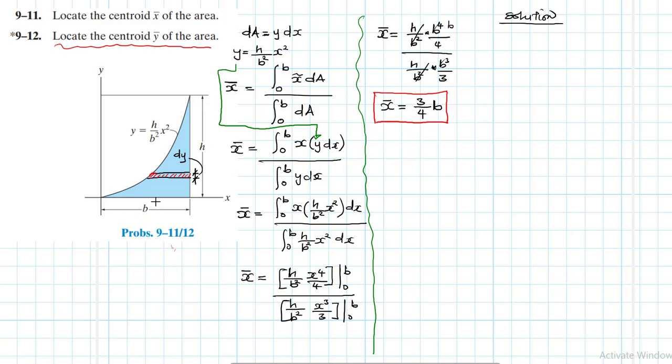Okay, it has a thickness dy. Again, think of this as a very small rectangle. Okay, it will have also its own centroidal locations, all right, that we are defining by x curved and y curved.